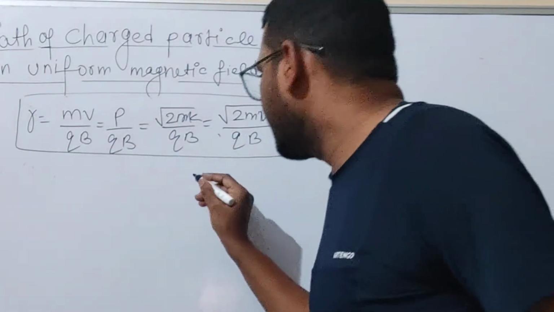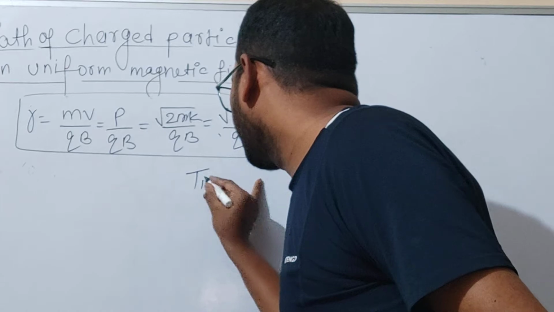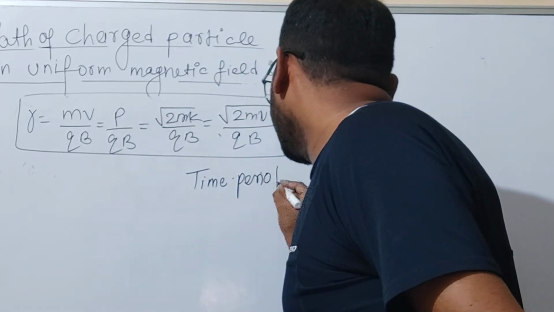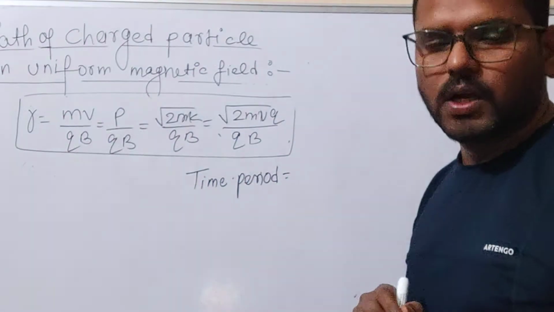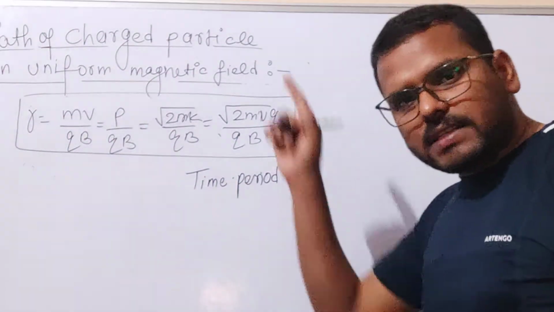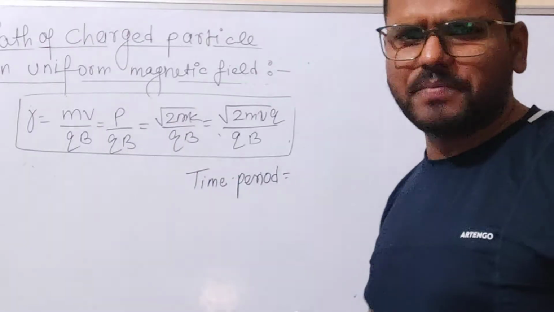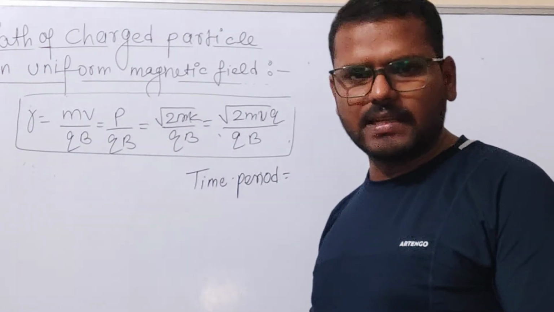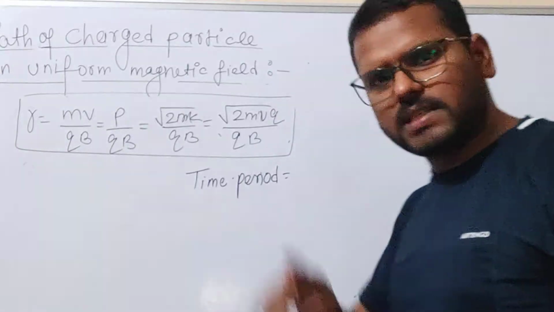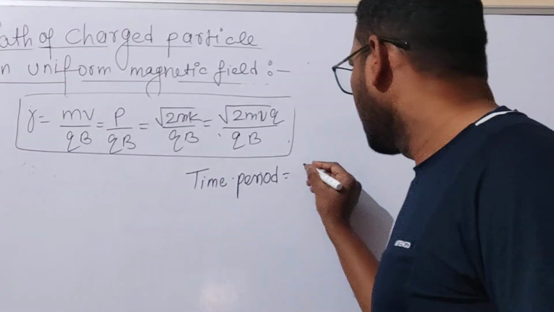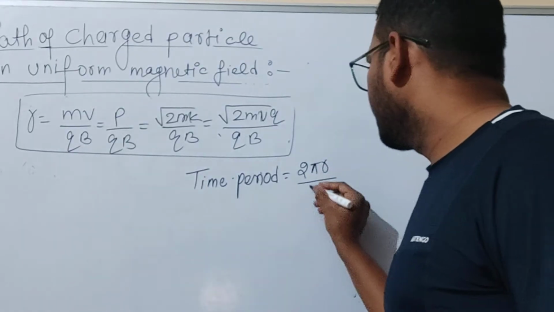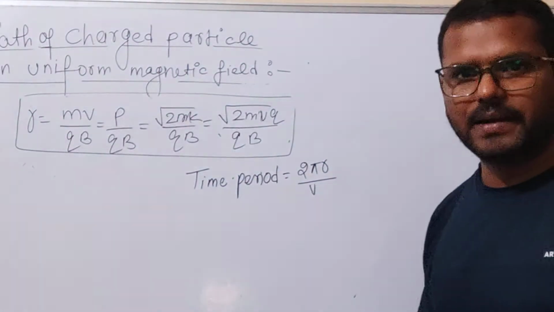We know that the time period of revolution is equal to what? Time is distance by velocity or distance by speed. Distance means the circumference of the circle. So here I am writing 2 pi r divided by v.